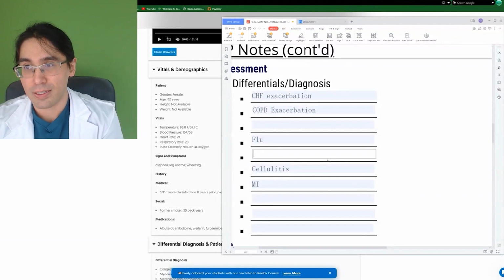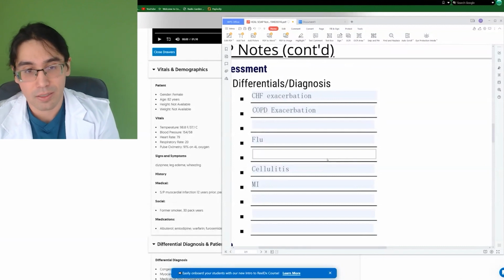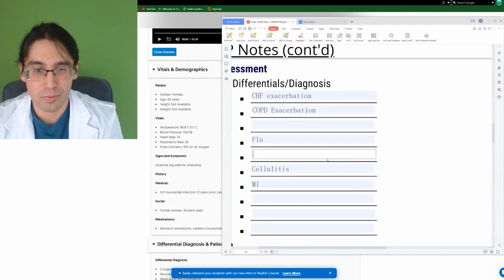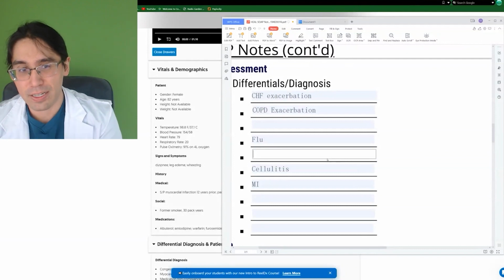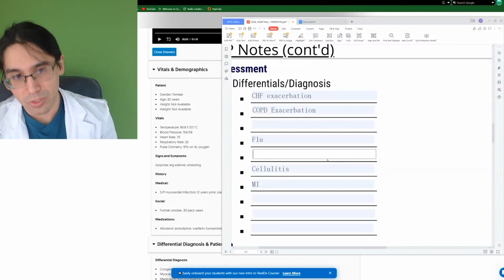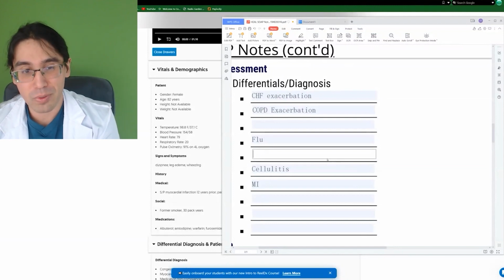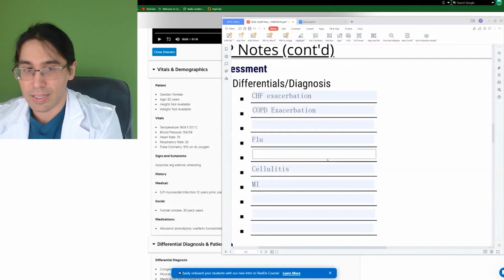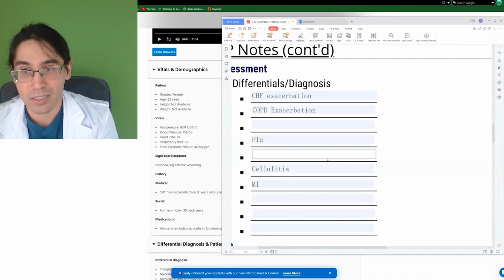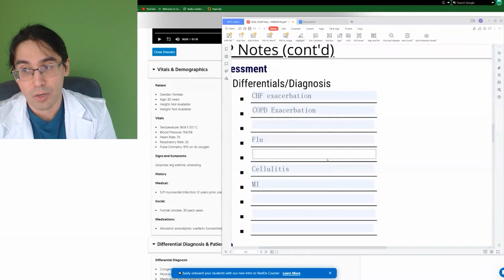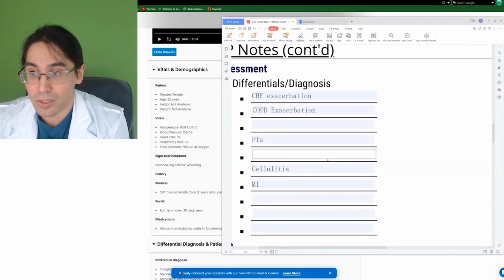Differential making and lab test creation and requesting, another 15 minutes. About 30 minutes to get to when I start revealing results. And then the last 30 to 45 minutes, you're revealing results, discussing it, coming up with your final diagnosis. And then the last few minutes, I'm actually talking about the treatment of CHF, COPD, or whatever diagnosis I want to do.